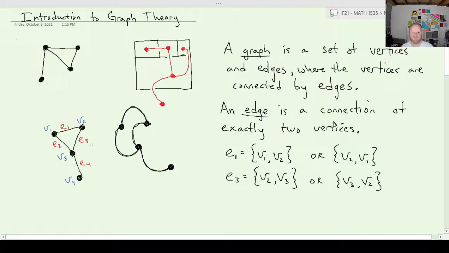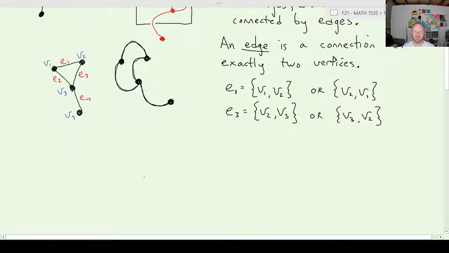These are not the only types of graphs that we can draw. So I'll show you some other types of graphs so we can classify them. Okay. So here's some types of graphs. We've got a multigraph. So a multigraph, I think this will be best demonstrated.